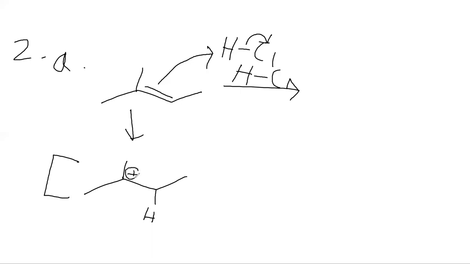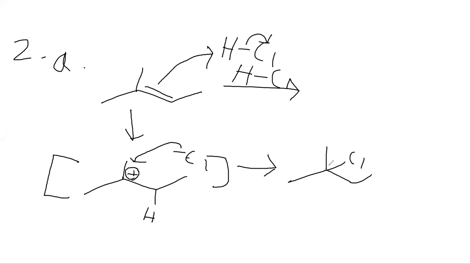And we get a carbocation here, and that forms because it's tertiary, it's more stable. And then the chloride ion attacks the carbocation, and we get this product. So that is something we should be comfortable with because we've done it a lot.